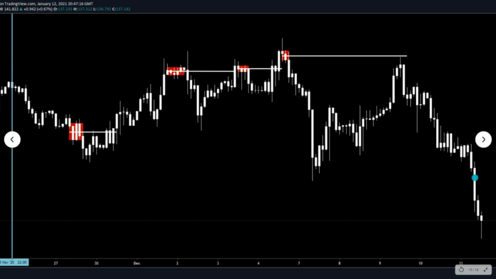So I hope that this has given you insight into the contraction zones themselves. Make sure you take this away and then go and try and define them on your own charts and see if you can draw them up and see how the market reacts to them. If you can do it live or you can back test it, do whatever you like.